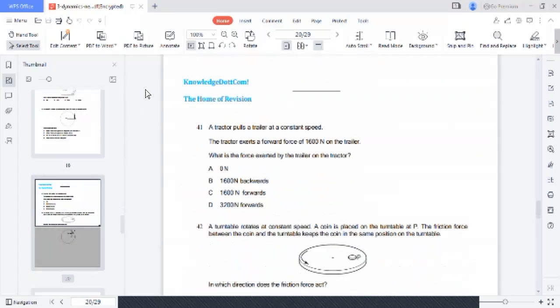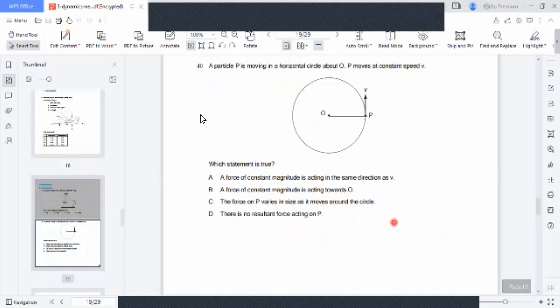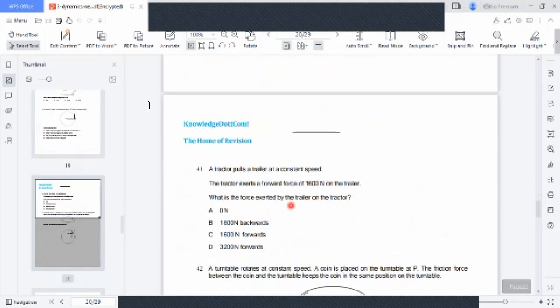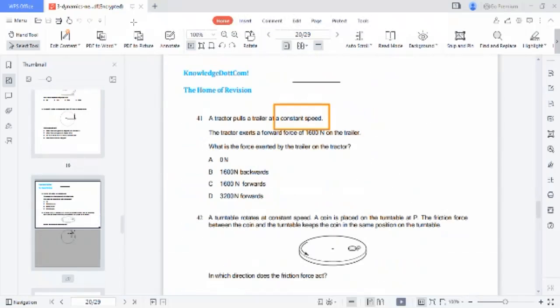Number 41. A tractor pulls a trailer at a constant speed. Constant speed means again the acceleration is 0. When acceleration is 0, the resultant force is 0.